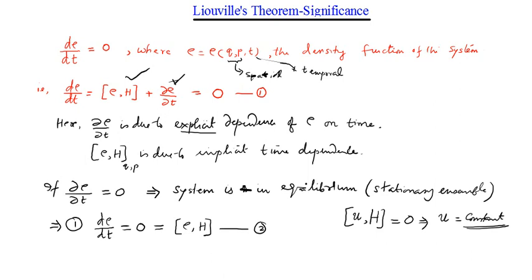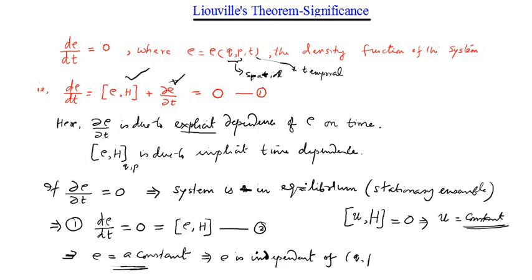It means that for this case ρ is equal to a constant. That is, for a stationary ensemble, ρ is independent of q and p as well, and that's a very interesting result.